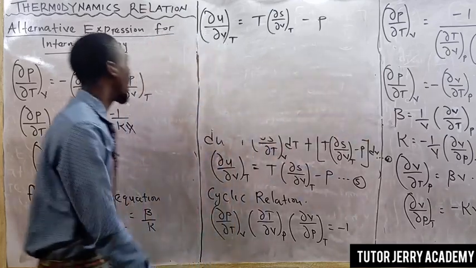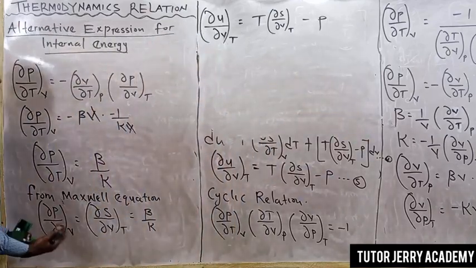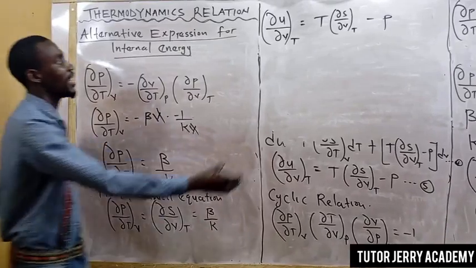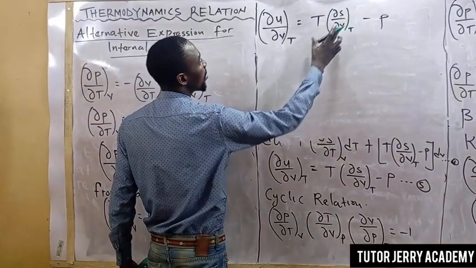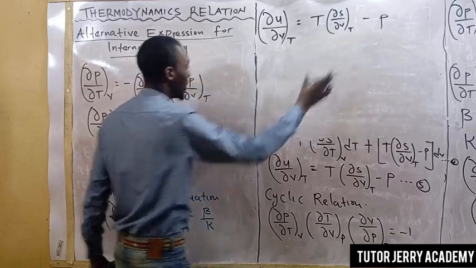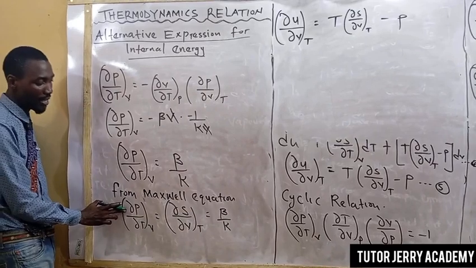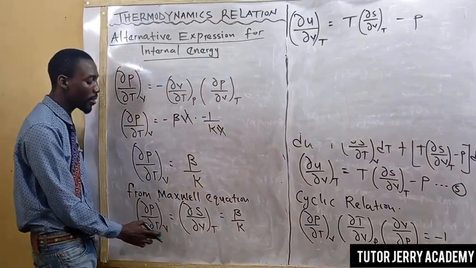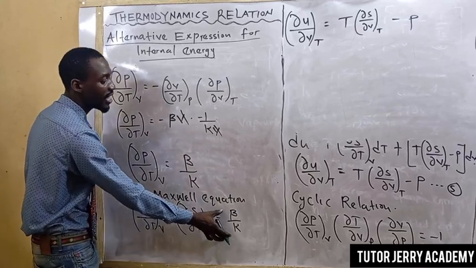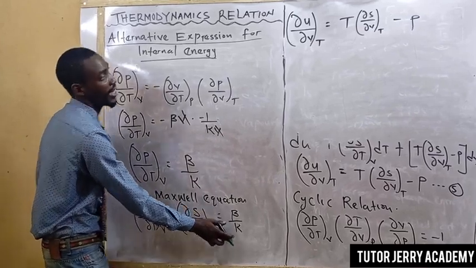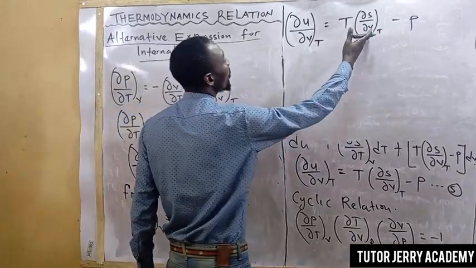All right. Now, don't forget, we've already established from Maxwell equation that the partial derivative of s all over the partial derivative of v, keeping t constant, is equals to the partial derivative of p all over the partial derivative of t, keeping v constant, everything equals to what?